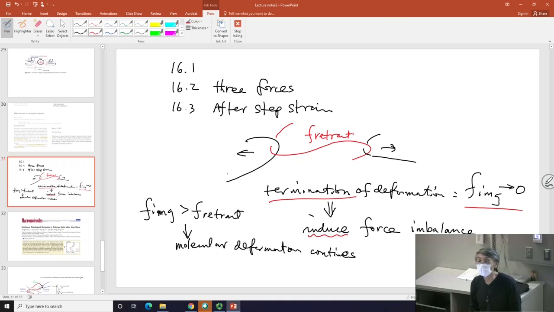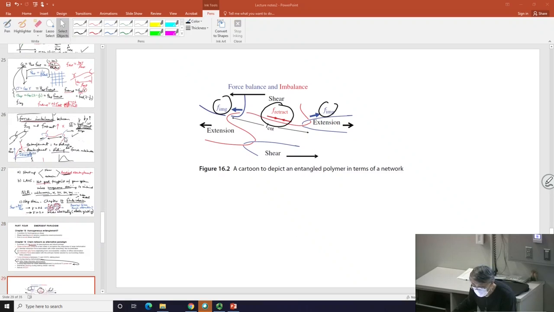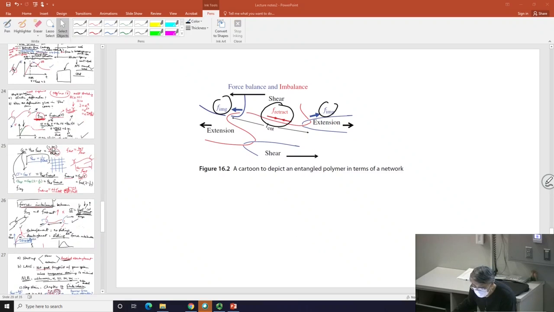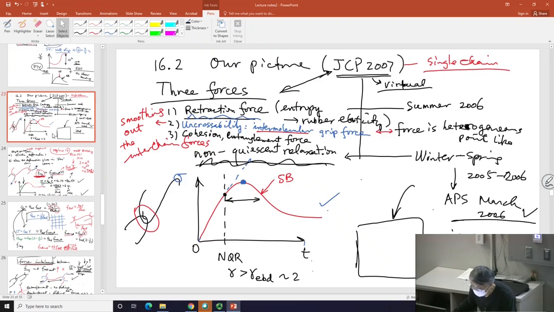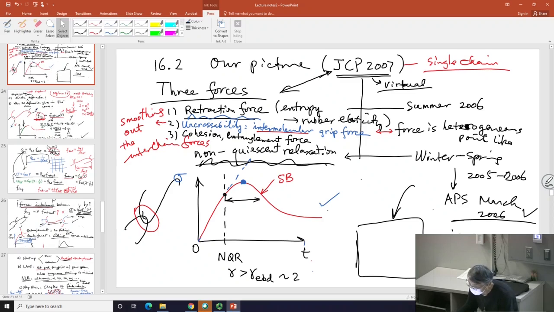Well, not there is nothing. I suggested that there is still some force to balance it, but it's only of the magnitude of this cohesion force, which I believe I argued already in the previous discussions. Let's make sure we have it here. The third force, this cohesion force, is really just on the order of, let me just write it down here.